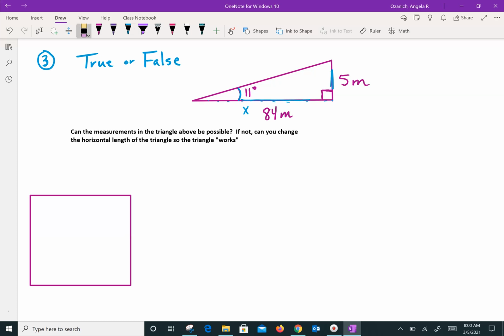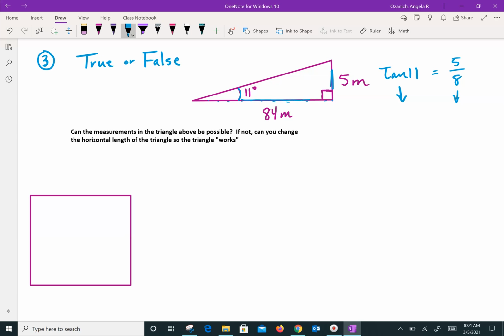I think that's one of the easier ways to work through a problem like this. What if we figure out what the tangent of 11 is? It should be equal to opposite over adjacent, so it should be equal to 5 over 8.